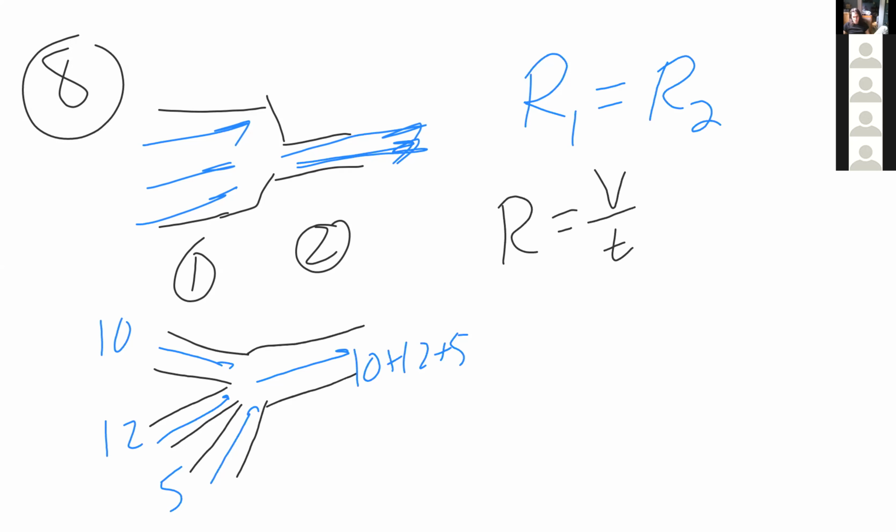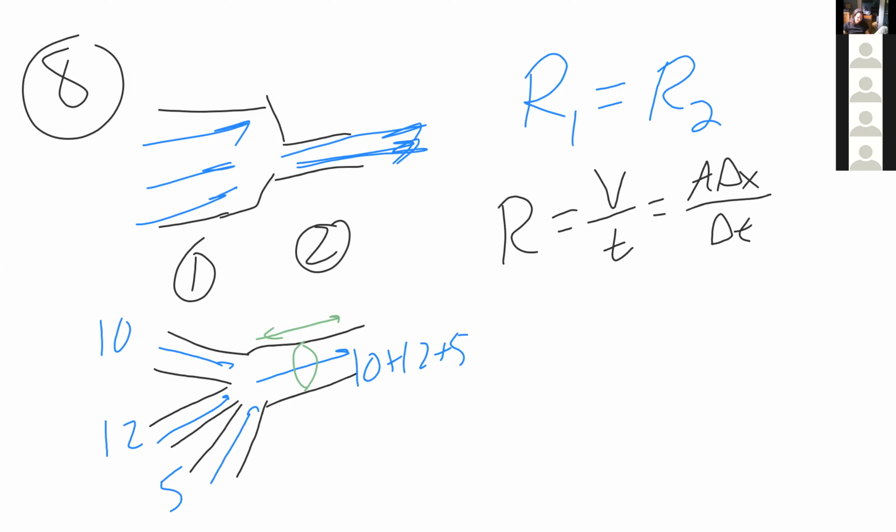Typically, we won't use this definition exactly. We'll use a little bit of a modification, which is that we could consider that the pipe has a cross-sectional area, and replacing the volume with the cross-sectional area times the distance that the water has to travel, you then have, and you don't need to write this down, this is just an intermediate step, an area times some delta x over the time, which is technically a delta t.